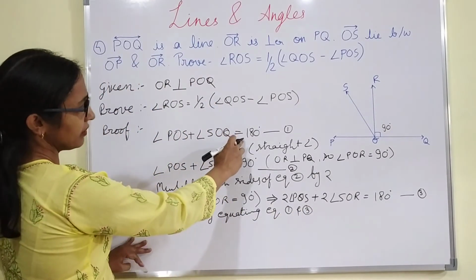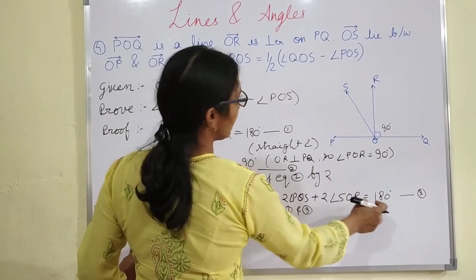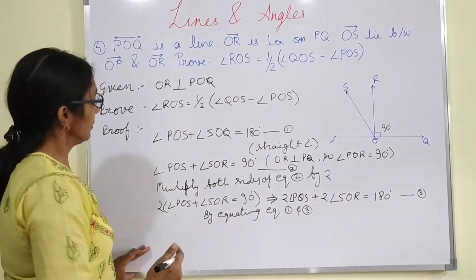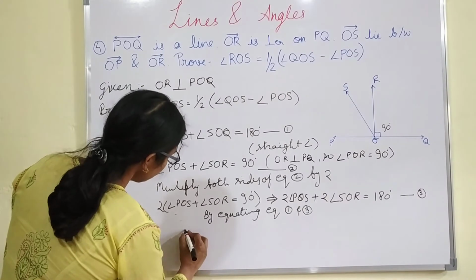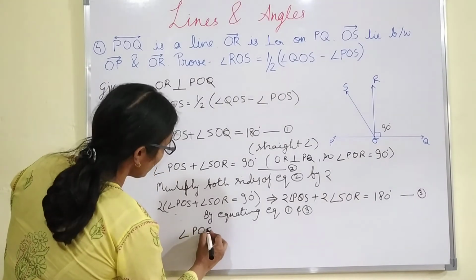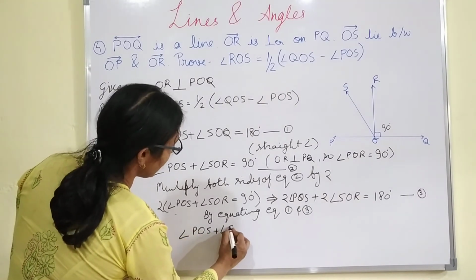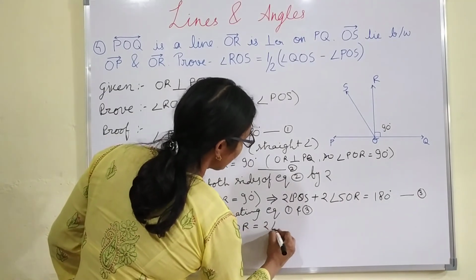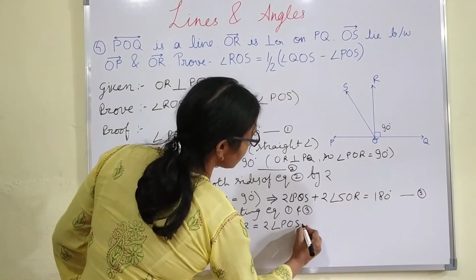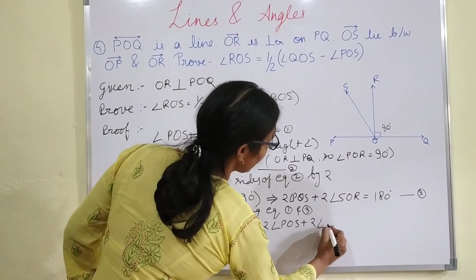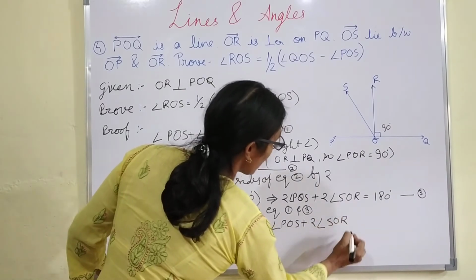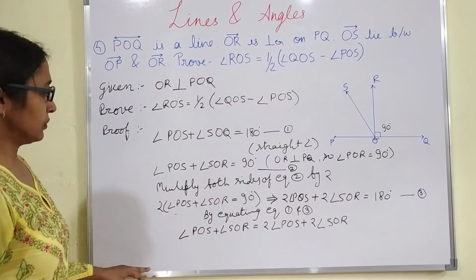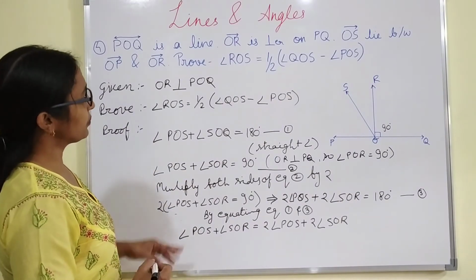See, have a look here. The right side of both the equations is equal, so we can equate it. So angle POS plus angle SOQ equals twice of angle POS plus twice of angle SOR. Okay. So you have to prove ROS equals.